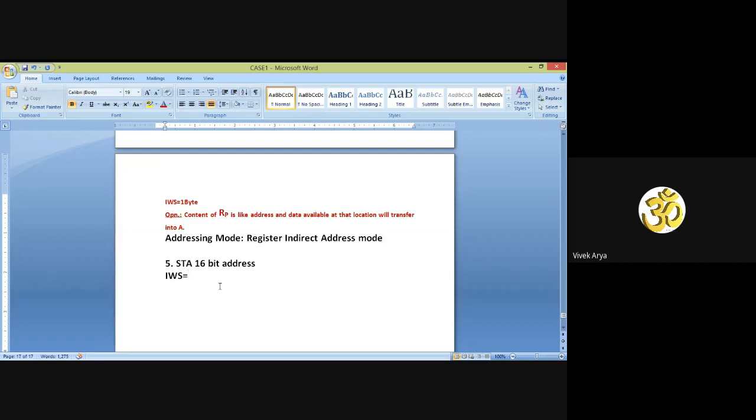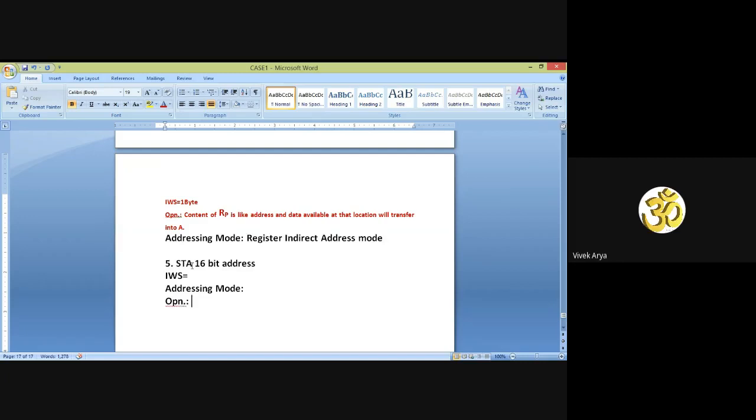Now come to the next instruction, STA 16-bit address. Can you tell me the instruction word size for this instruction? 3 byte. Why 3 byte? 1 for STA and 2 for the 16-bit address.